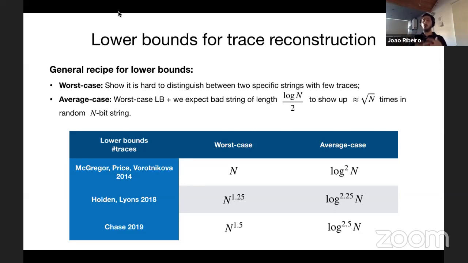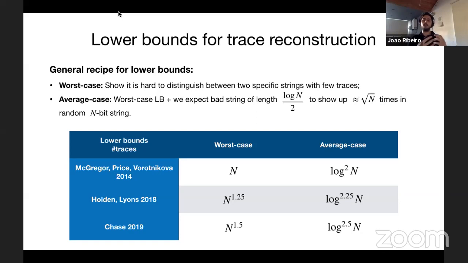But the way all the average case lower bounds work is by transferring the worst case lower bound to the average case setting, by arguing that if you have a random string and you have a bad string of logarithmic length, it's going to show up many times in a random string. And so reconstructing a random string will be at least as hard as reconstructing many pairs of short bad strings.